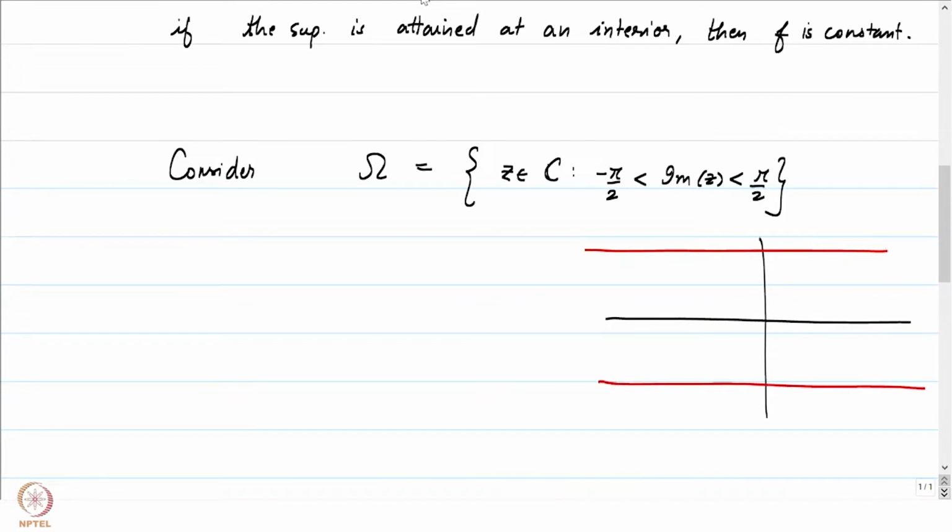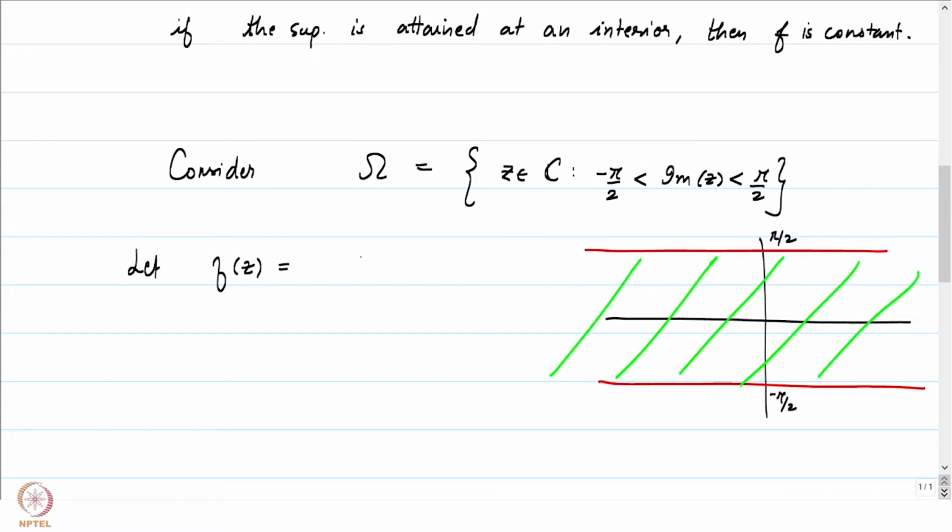Suppose we have the strip, so the region shaded in green is what we are considering. The imaginary part is between minus pi by 2 here and plus pi by 2 here. So in this region, consider the following function. Let f of z be defined to be e to the power z. It's not looking good, so let me write it as exp of z.